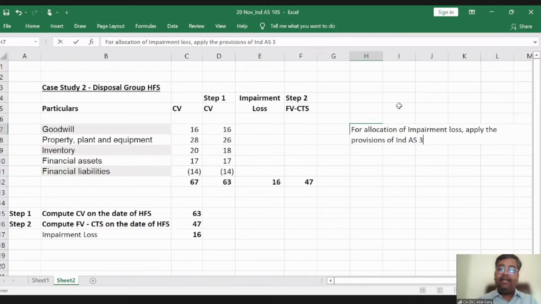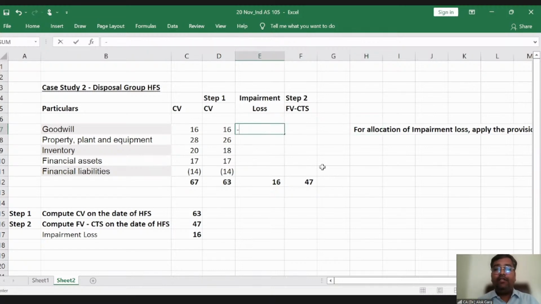And what does Ind AS 36 say? Ind AS 36 says that if there is an impairment loss on the cash generating unit, which is a disposal group, which is a group of assets, then you need to strike goodwill as a first thing, right? So you need to first impair the goodwill. So in this case, we need to impair the goodwill first, right?